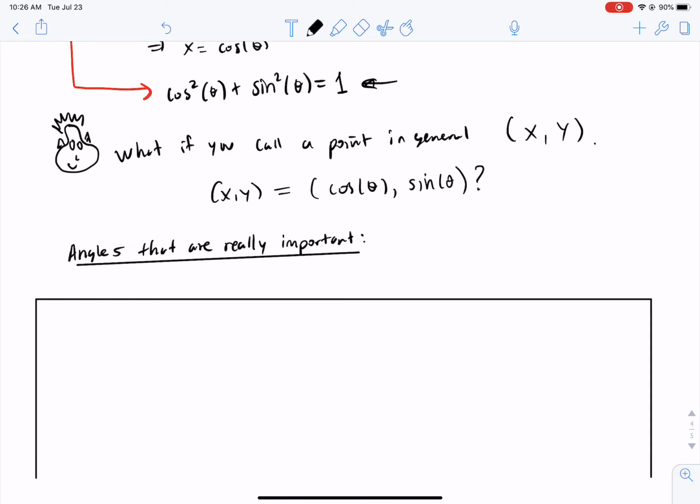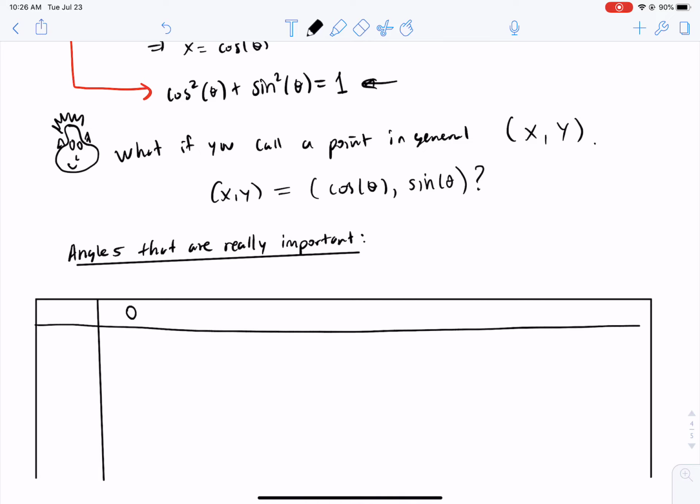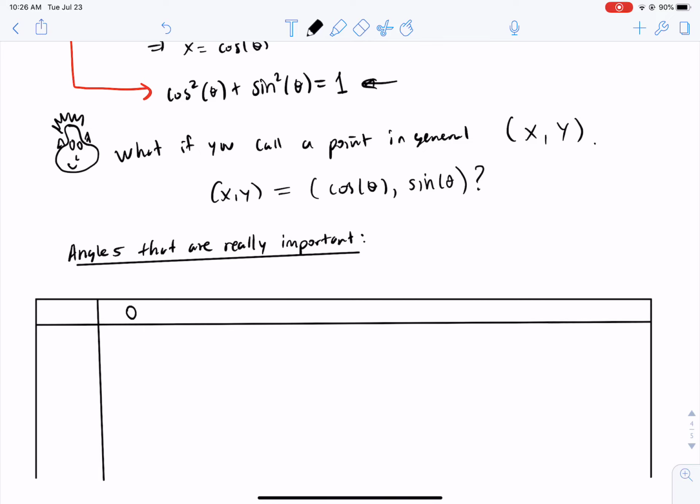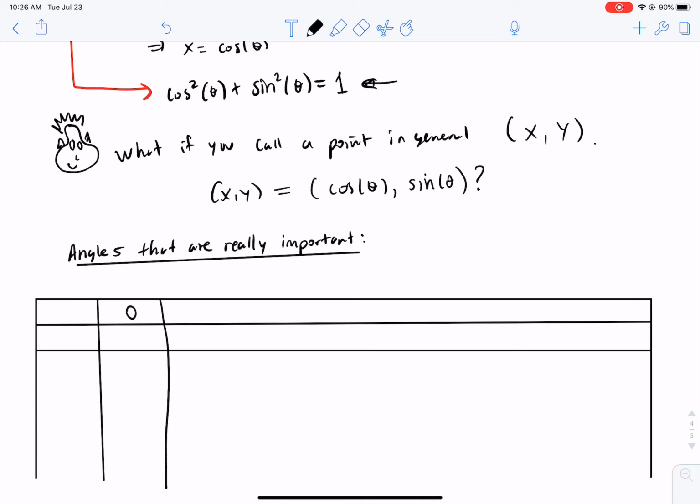So here, this is going to be angles. What are some of these important angles? Let's talk about 0, right? And I'm going to write them in both radians and degrees. So 0, 0.